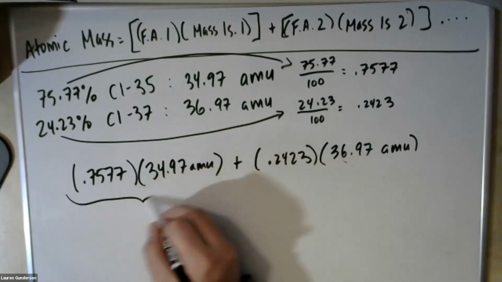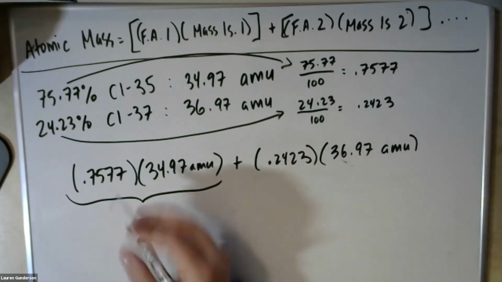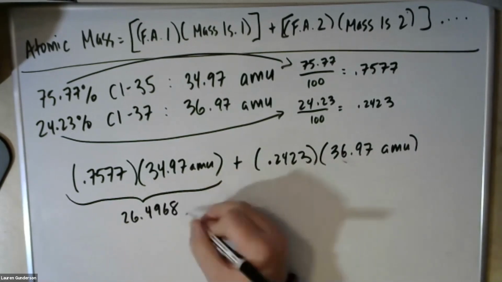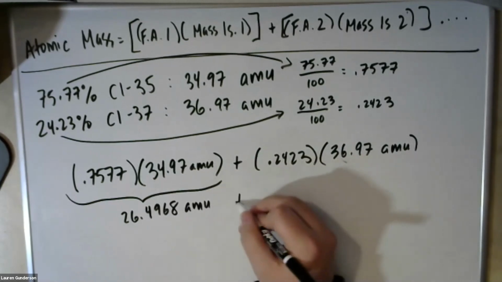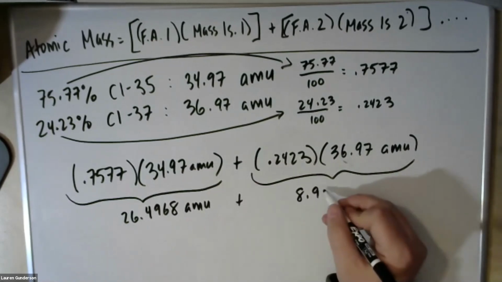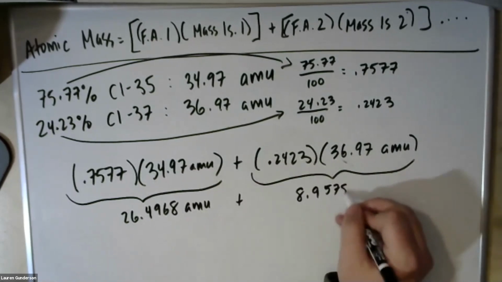We do this multiplication and we get 26.4968 AMU plus 8.9578 AMU.